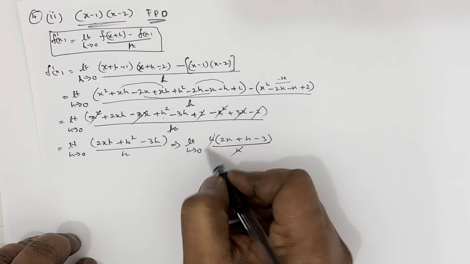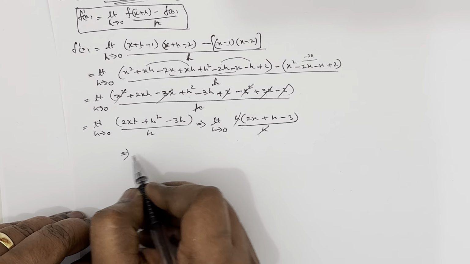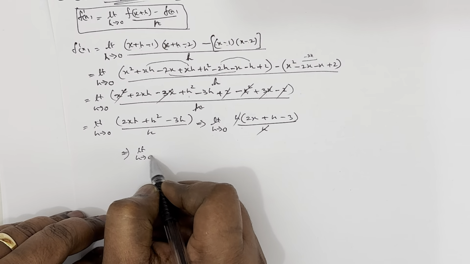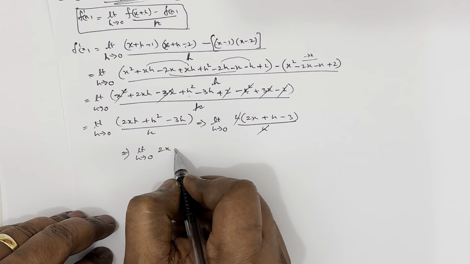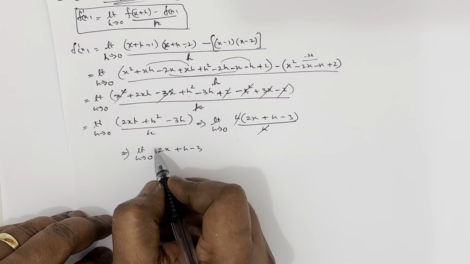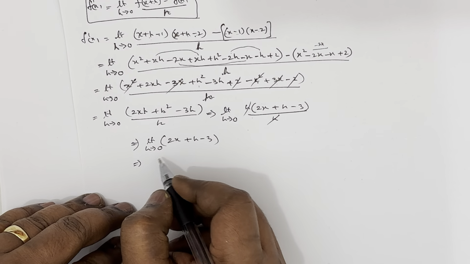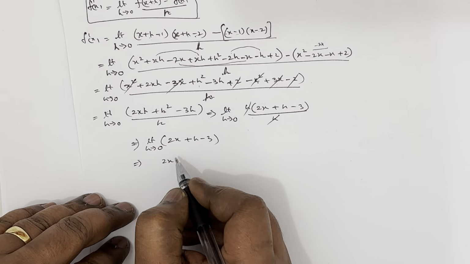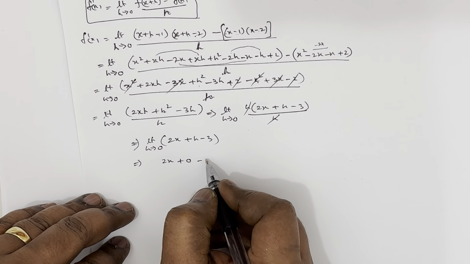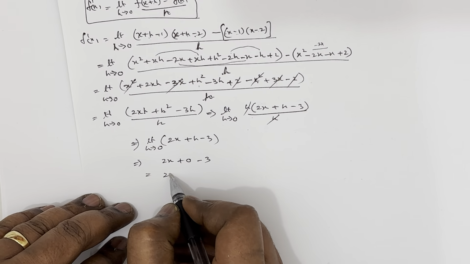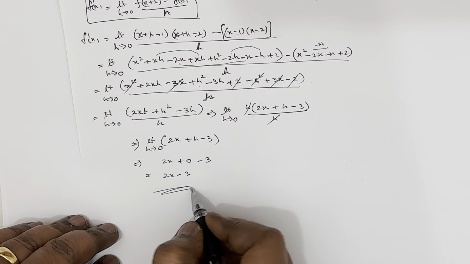So this h and h get cancelled. You'll be having limit h tends to 0, 2x plus h minus 3. Now putting the value of h as 0, you have 2x plus 0 minus 3, which is 2x minus 3. So this is the answer.